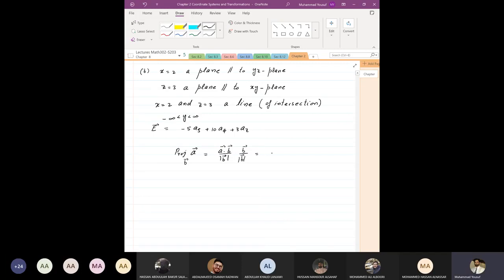We can write this as A dot unit vector B, multiplied by unit vector B. You remember, this is a scalar.